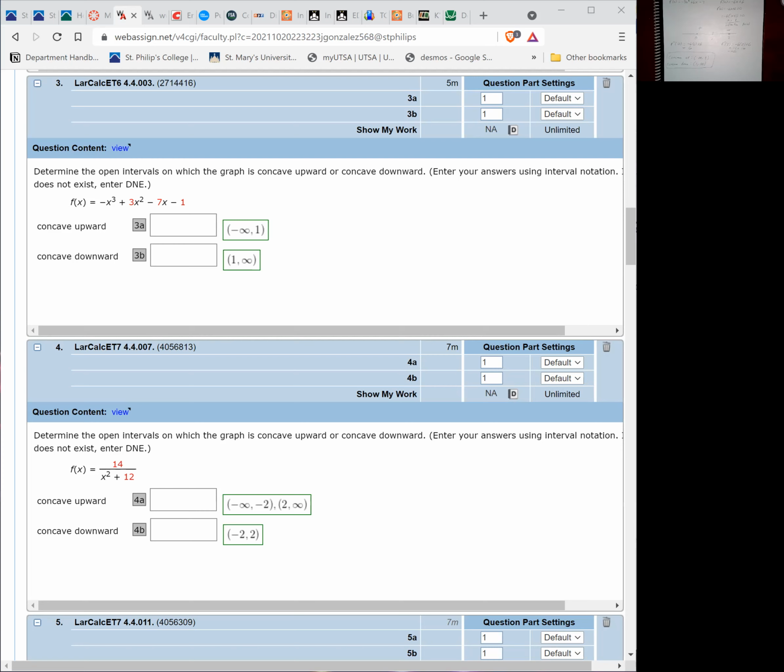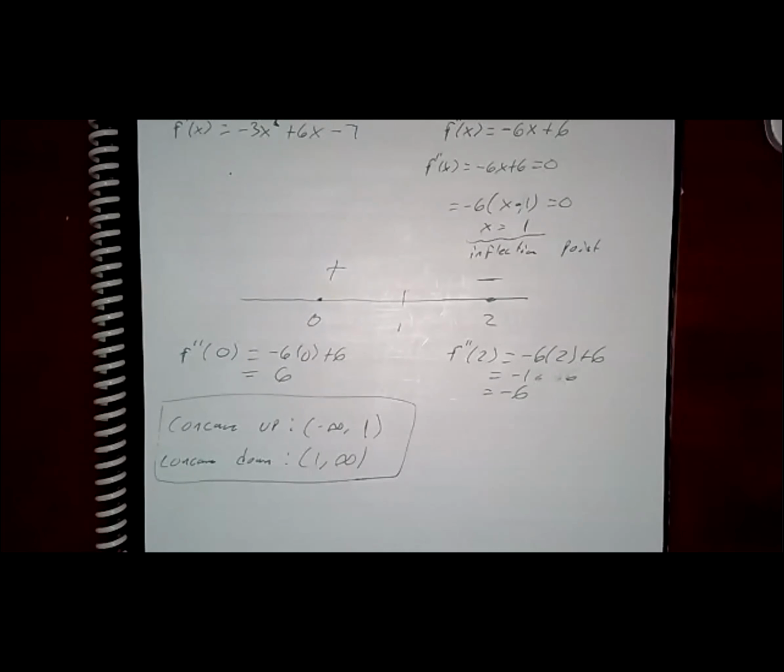Okay, you guys cool on that? That's what they were asking for example 1. But let's do number 10. This has multiple points of inflection.